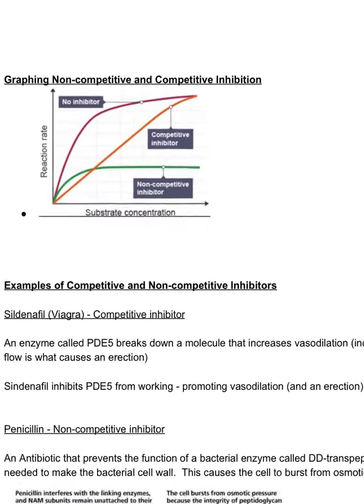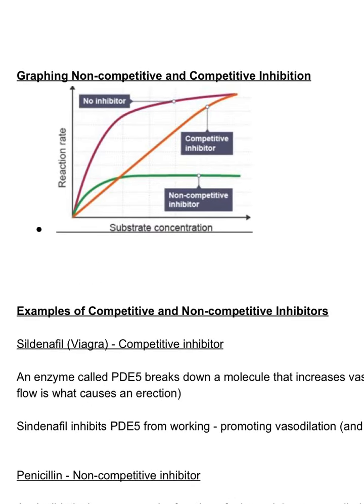Okay, so a couple of interesting things here. So if you look at the rate of a reaction with no inhibitor, it kind of tends to look like this. With a competitive inhibitor, if you increase the substrate concentration, you can overcome the effect of the inhibitor. This kind of makes sense.